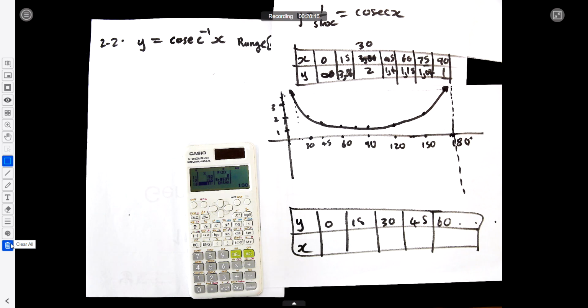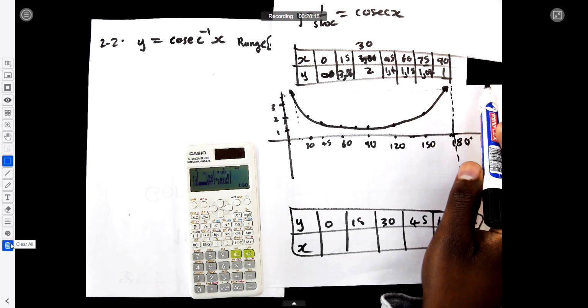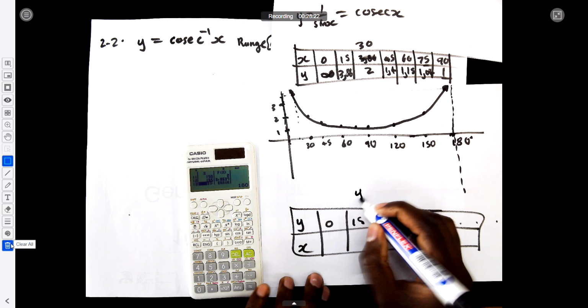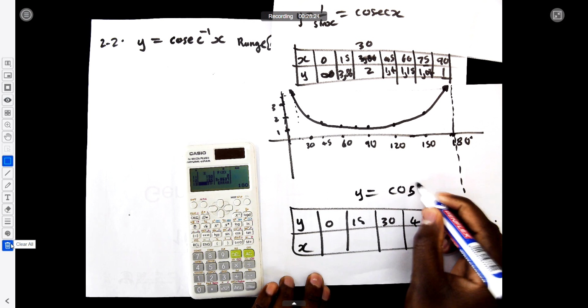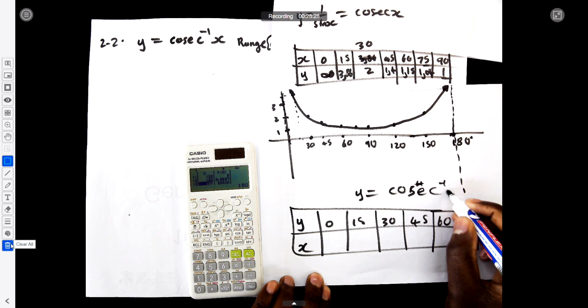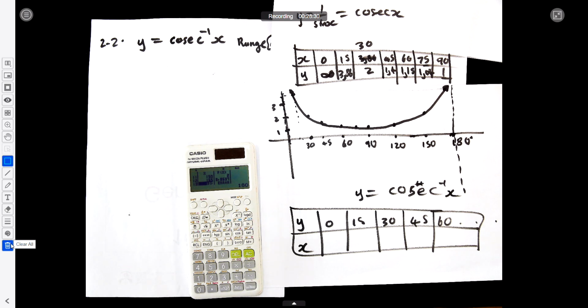But using the same table, here we said these are x values, but now they are y values. It's an arc cosec, so this is for arc cosec x. It opposes the graph of the cosec function.